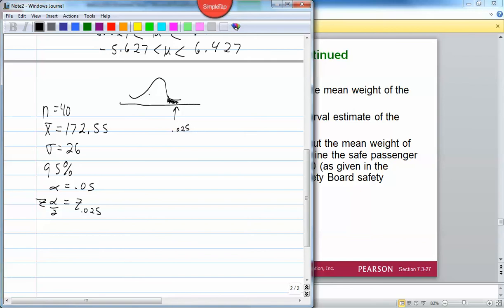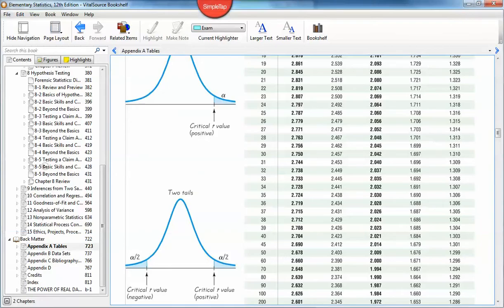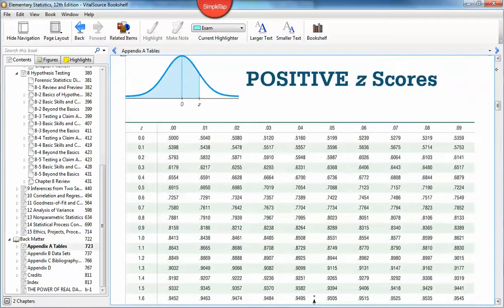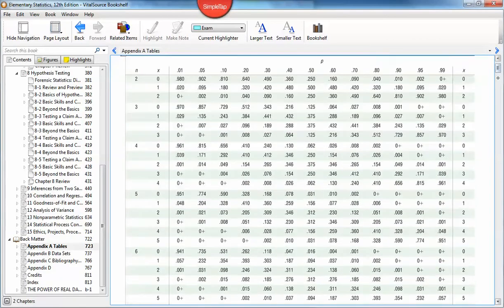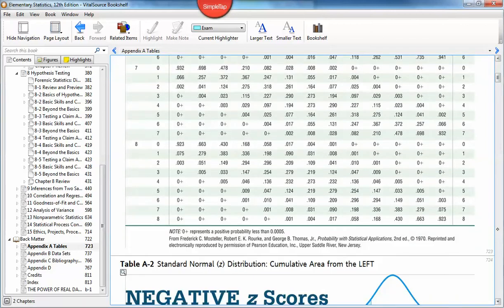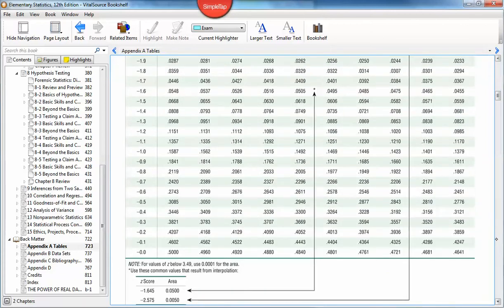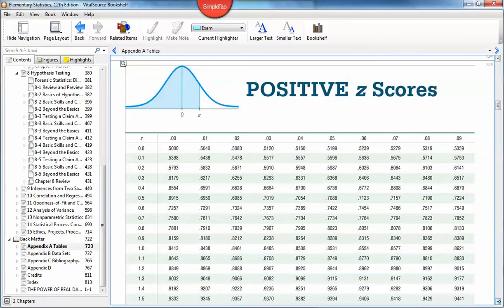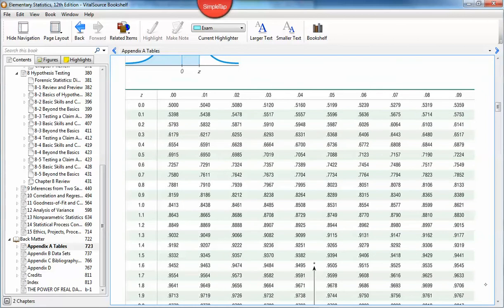So if we look that up in our chart, we need to go with the area 0.975, because that's 1 minus this. Alright, and that's how we find our critical z-score. So I'm going to go to the chart real quick, make sure I'm at the z-score, and I'm using the actual areas. So I'm looking for the area 0.975.